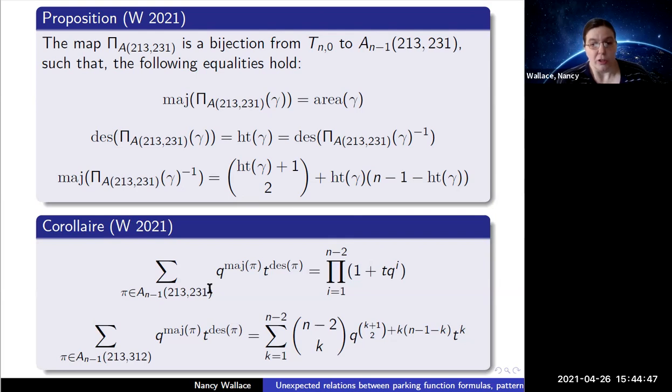And as a corollary, if we sum over all the permutations that avoid 213, 231, q to the major index, t to the descent of the permutation, it's actually this generating function. And we get this when we use the inverse of each of the two.